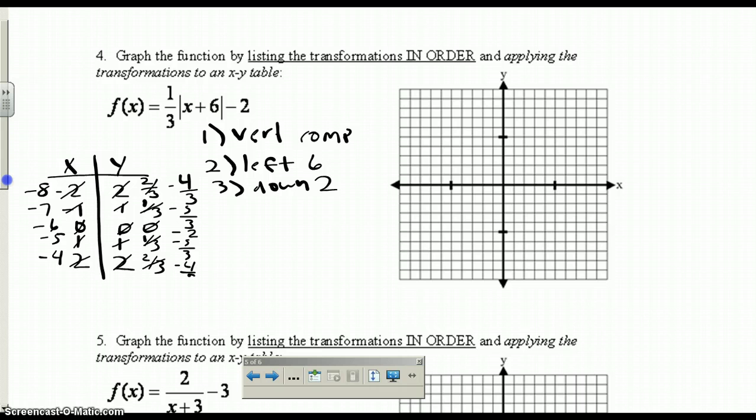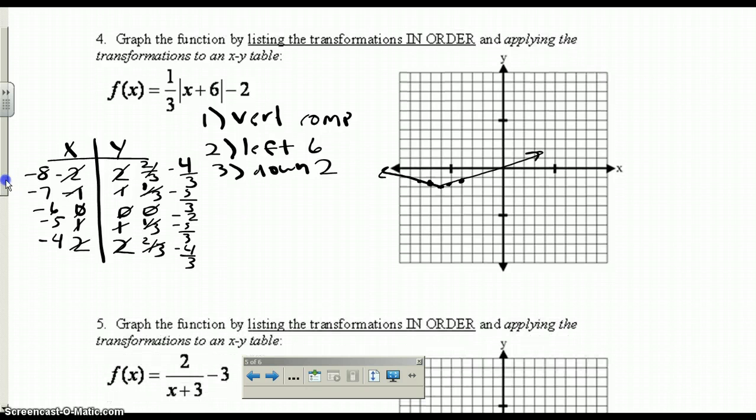And -4/3. So now let's graph this. -8 to the left, -4/3, somewhere right around here. -7, -5/3. Somewhere right here. -6, -2. Right here, here, and here. And now we graph that. There we go. Let's move down to number 5.